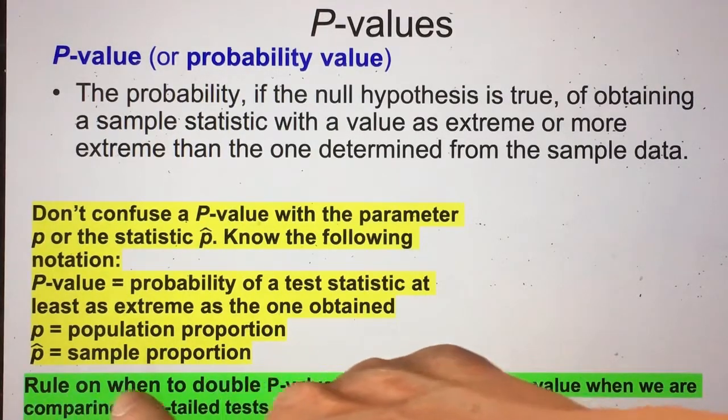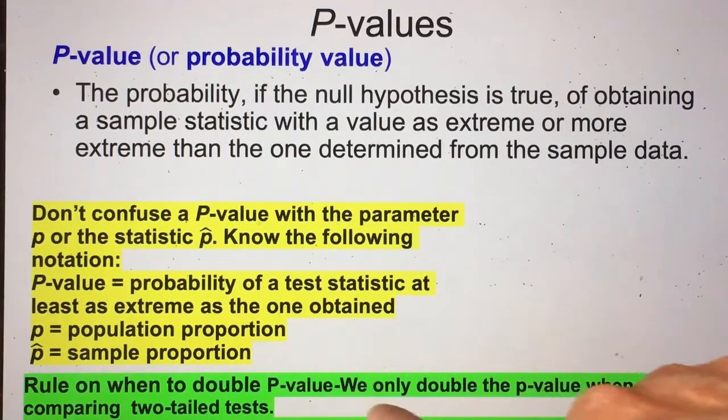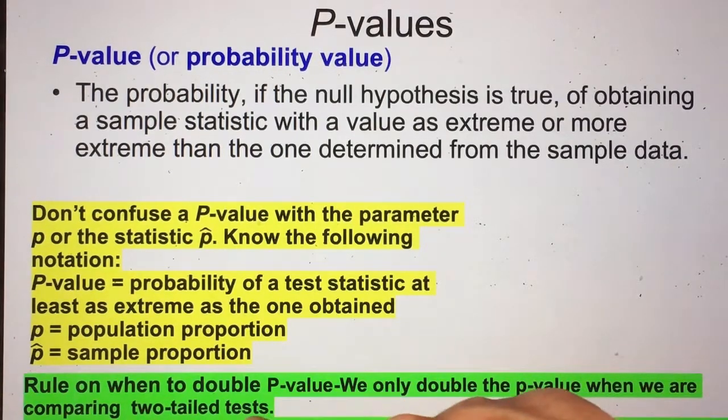Okay, so rule on when to double the p-value. We only double the p-value when we are comparing two-tailed tests. Piggies with two tails are double the trouble. Always double the p-value before you compare with the alpha value in a two-tailed test. Never any other time. Compare the doubled p-value with the entire alpha value before we split it in half to accommodate both tails.